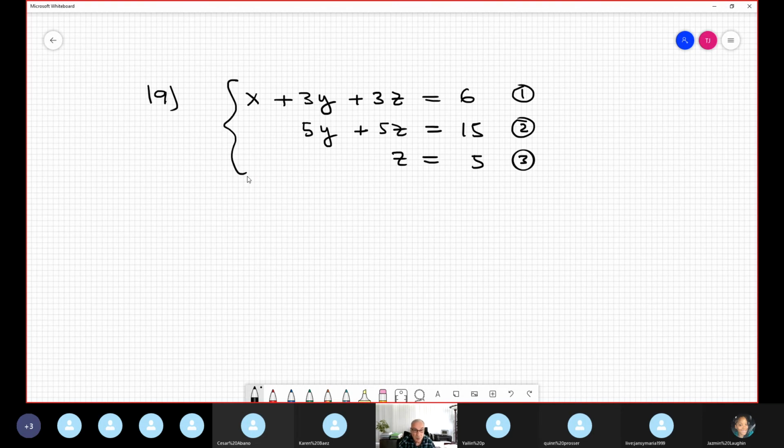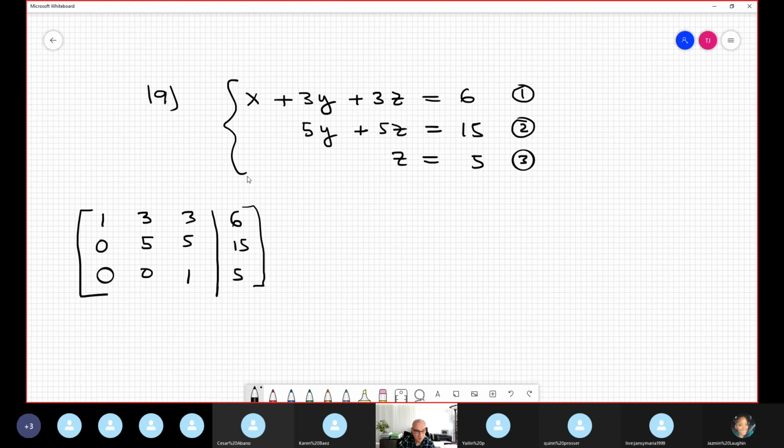Suppose that you write in matrix language, it's not necessary, but this is curiosity. 1, 3, 3, 6, 0, 5, 5, 15, 0, 0, 1, 5.